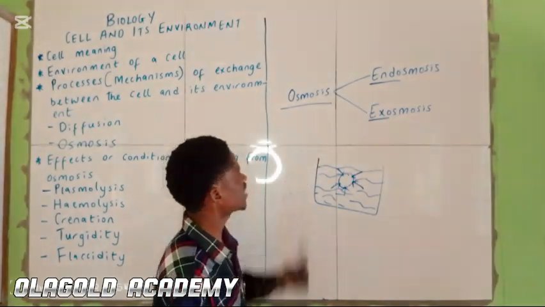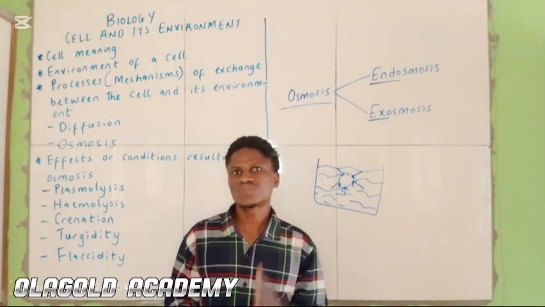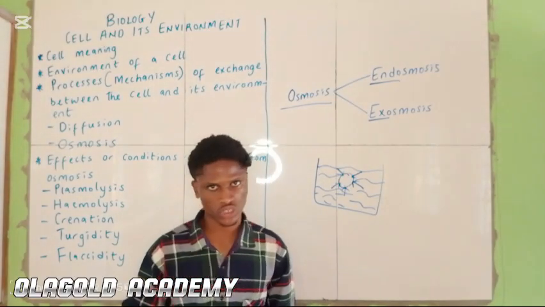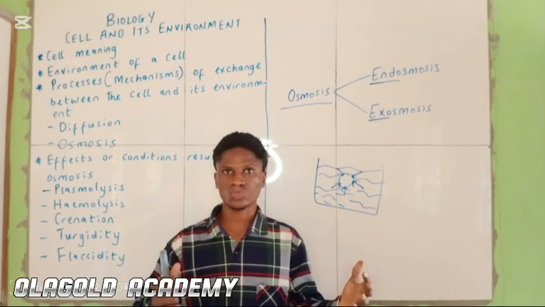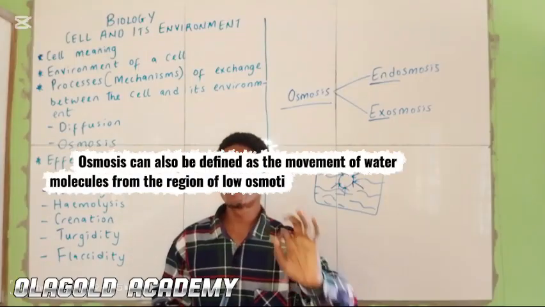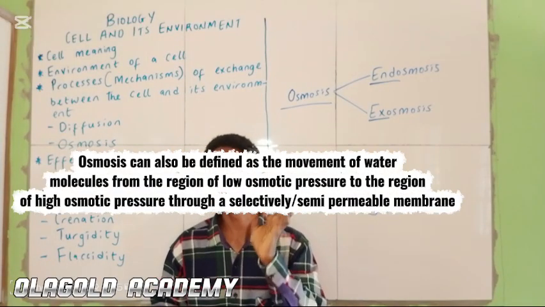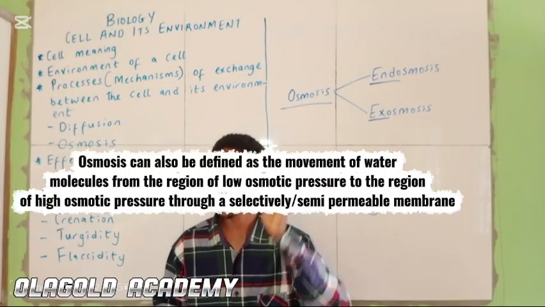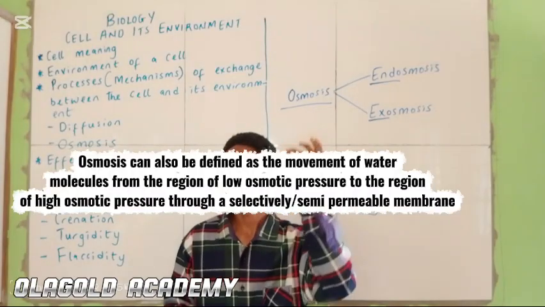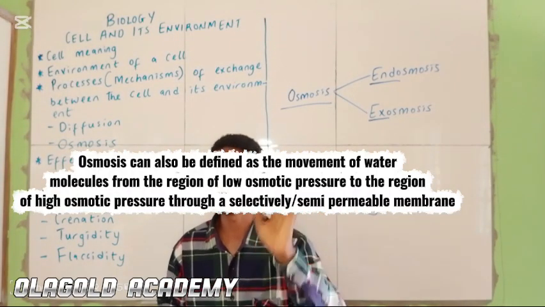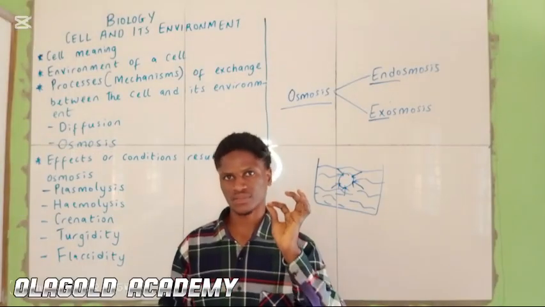Alright, with that being explained, now we have the second definition of osmosis. We can define osmosis also as the movement of water molecules from the region of low osmotic pressure to the region of high osmotic pressure through a selectively or semi-permeable membrane.